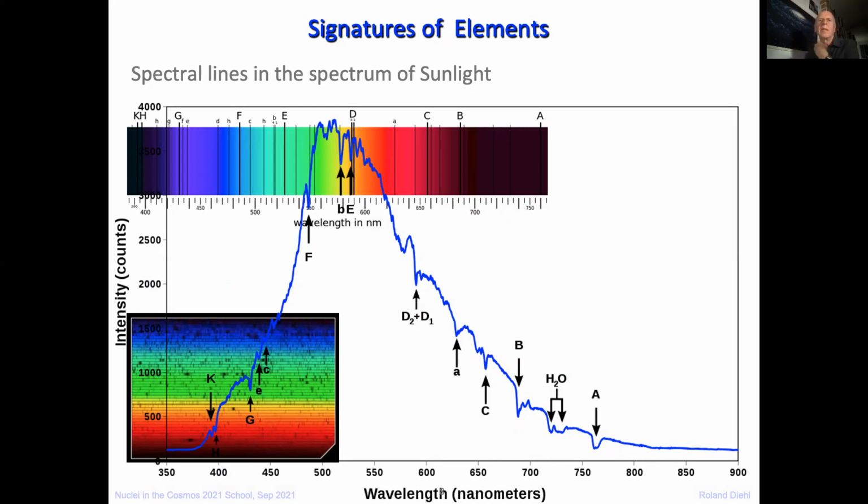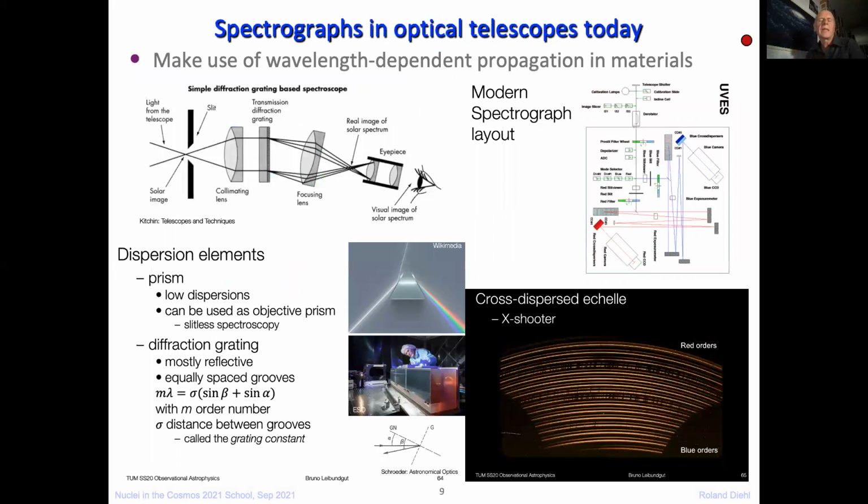This is a method that has matured and developed over many years, and so modern instruments use spectrographs which are quite complex in design, as you see here from the example of the UV spectrograph from telescopes, with a light path that goes through many optical devices, through prisms, and disperses the light depending on the wavelength, so that you can make a spectral measurement from individual sources.